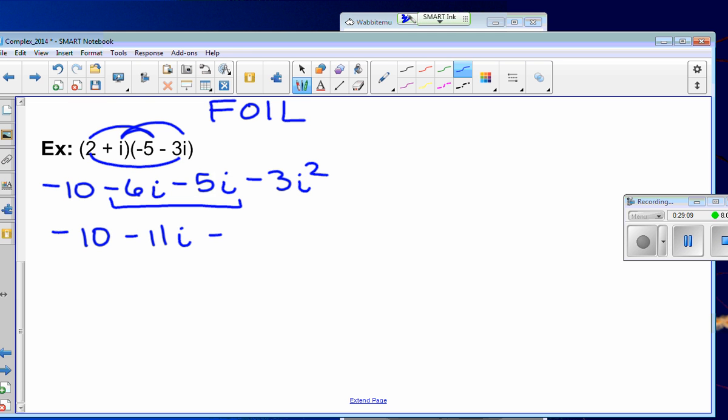And then what is i squared? Try it on your calculator. What's i squared? Negative 1. Well, is it? Let's see if that's true. Isn't i just the square root of negative 1? Right?